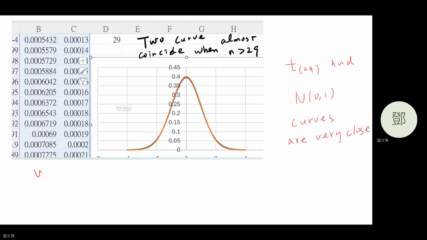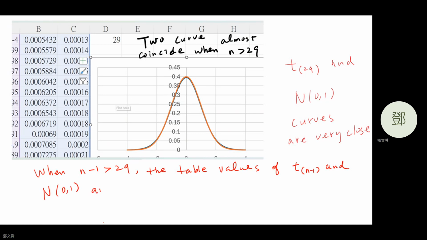When the table value of T and the standard normal. The T values, the table values of T and the standard normal are almost the same.